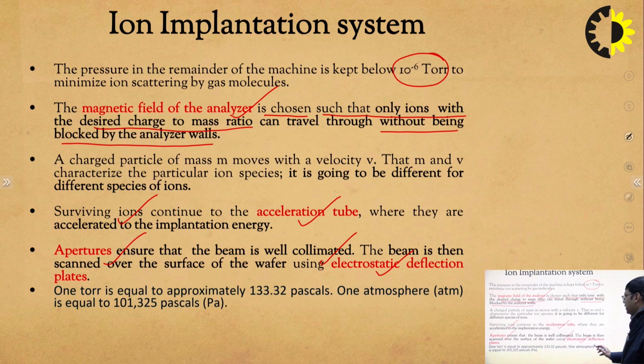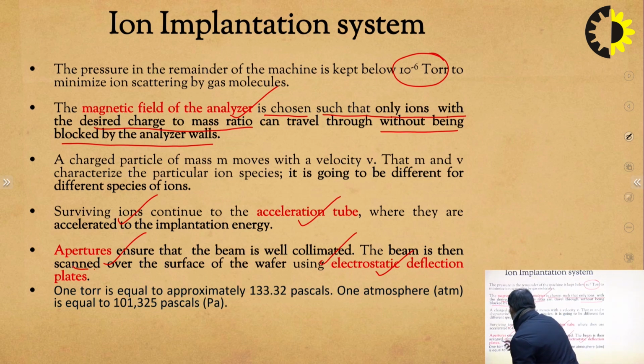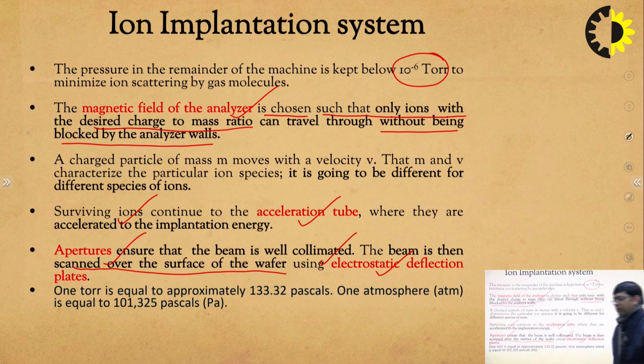These electrostatic deflection plates are used to scan the beam over the surface of the wafer. With the help of deflection plates, the ion beam is moving onto the wafer surface. It covers the whole wafer surface wherever the dopants are required to be introduced into the wafer, and the beam is deflected with the help of these deflection plates.